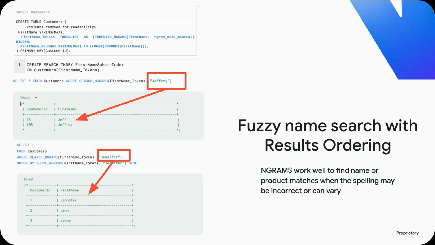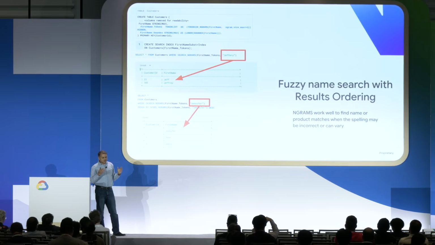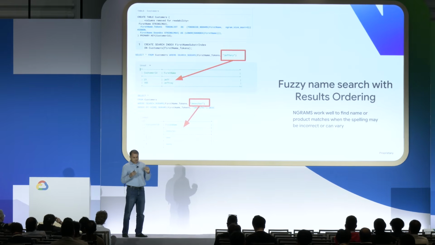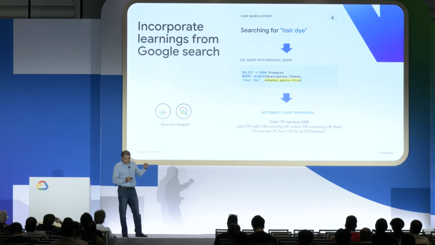And so when we do a second query here with the string Jennifer, you'll see that the results are ordered with Jennifer as the best fit, Jen as the second best fit, being a substring, and then Jenny, which is an alternate spelling. Right? So with fuzzy text search, you can basically get different spellings, different ways to represent words, and capture mistakes. But we can do better than this.